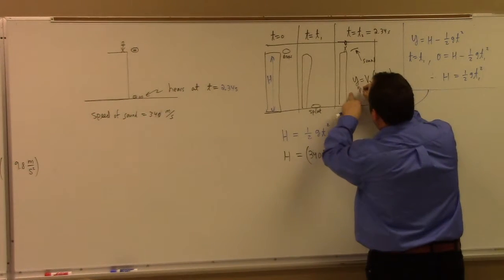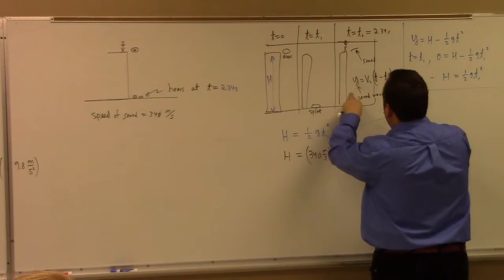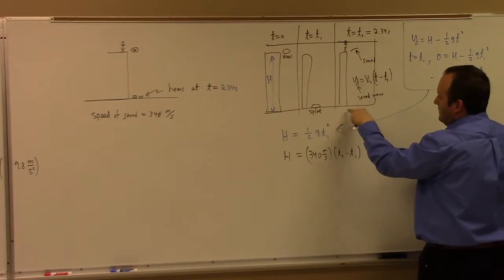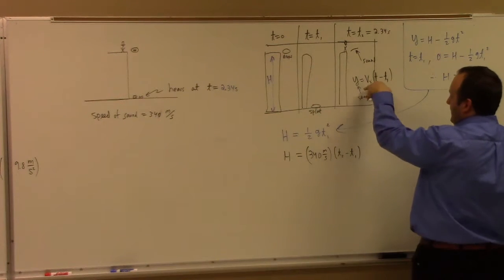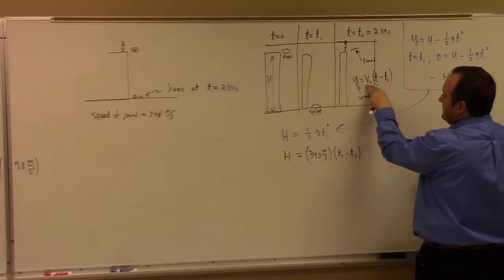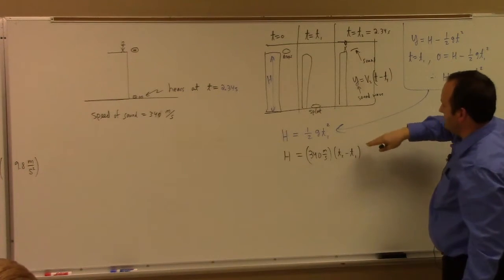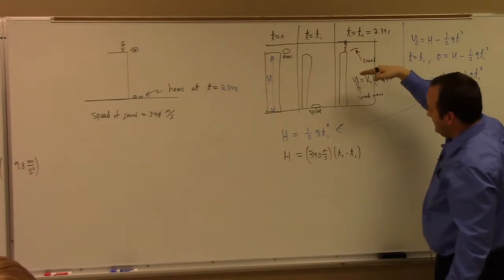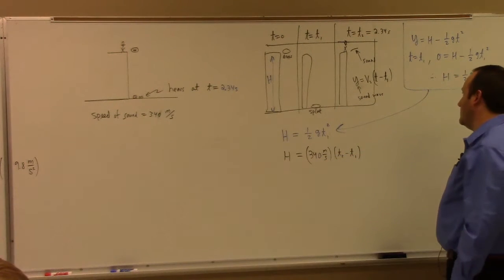This is the y for the sound wave. The sound wave is at y equals 0 when t is equal to T1, the moment of the splat, and then it goes up with constant velocity of the sound, like that. And so when you get to time T2, which is when it reaches the top of the building, we would have the height of the building is equal to 340 times T2 minus T1.